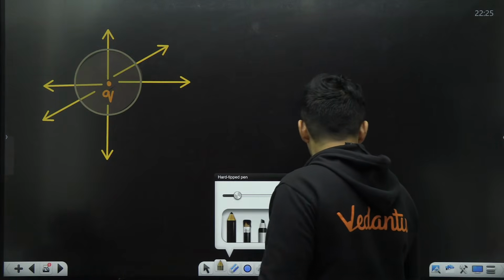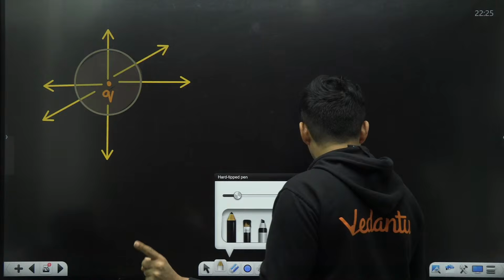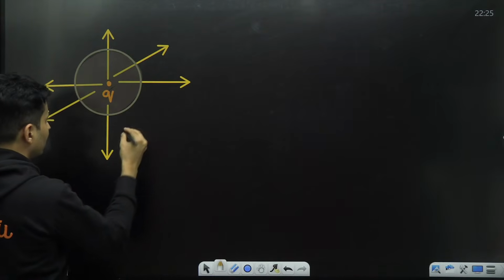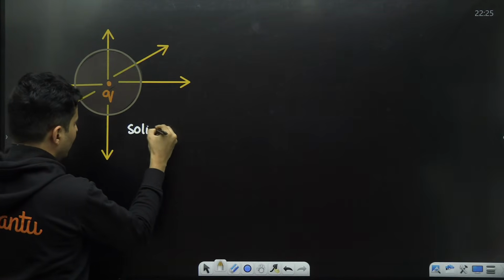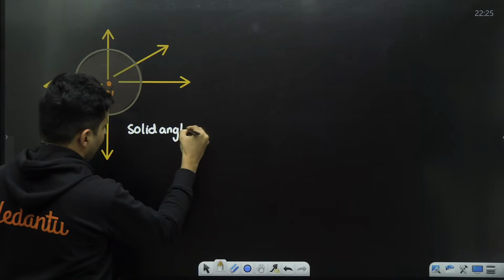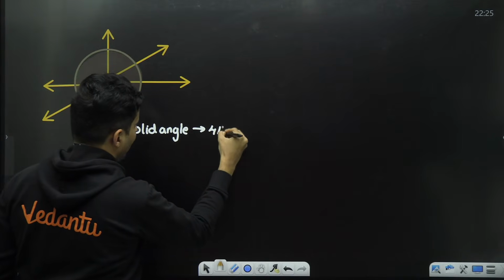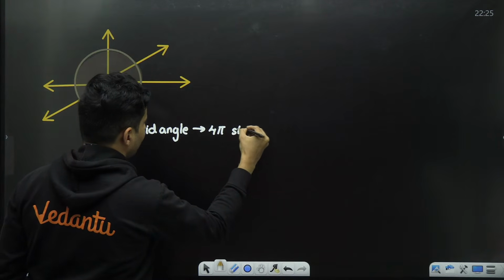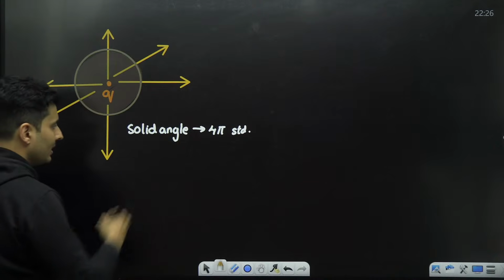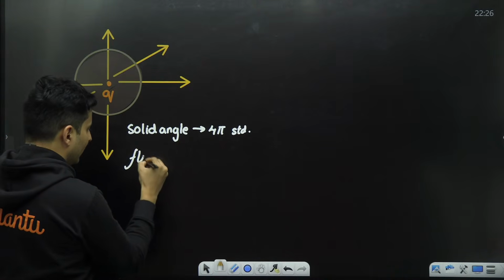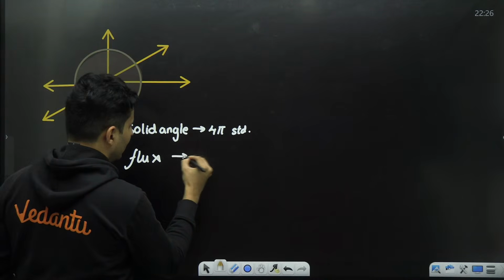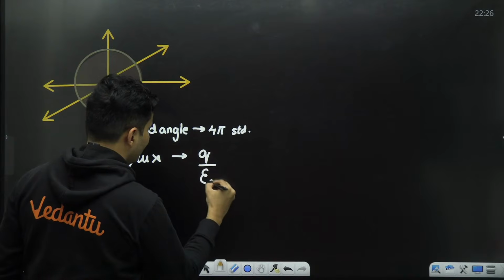So if you take a sphere whose solid angle is 4 pi steradian, the flux through it is Q by epsilon naught.